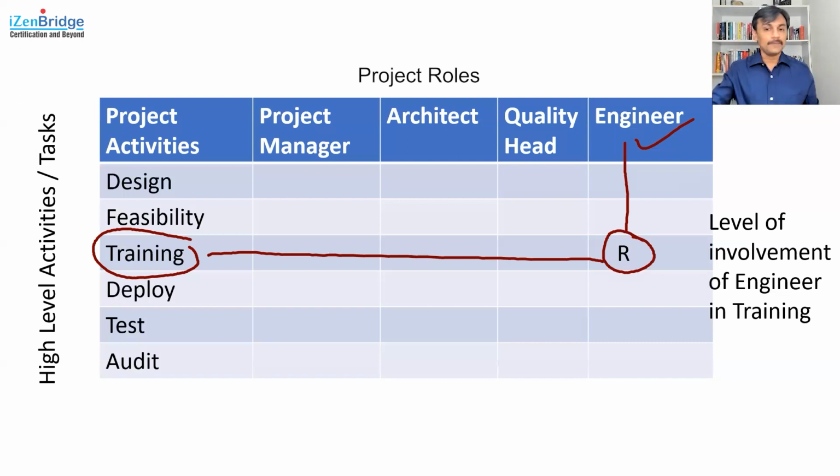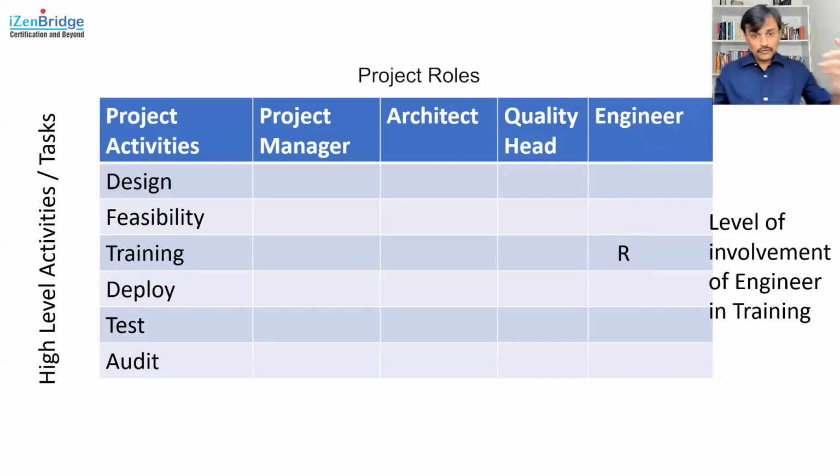That's the responsible part. Now, if you have accountability, for example, in this case, I will say the accountability for training is on the architect. So I fill accountability in the architect column. What is accountability? Many times in our classes, I find confusion between responsible and accountable when it comes to RACI Matrix.